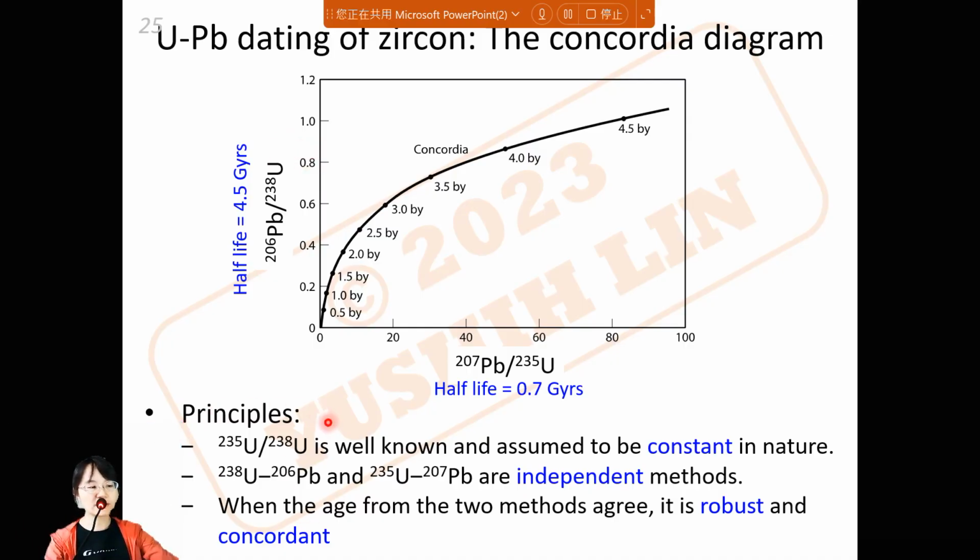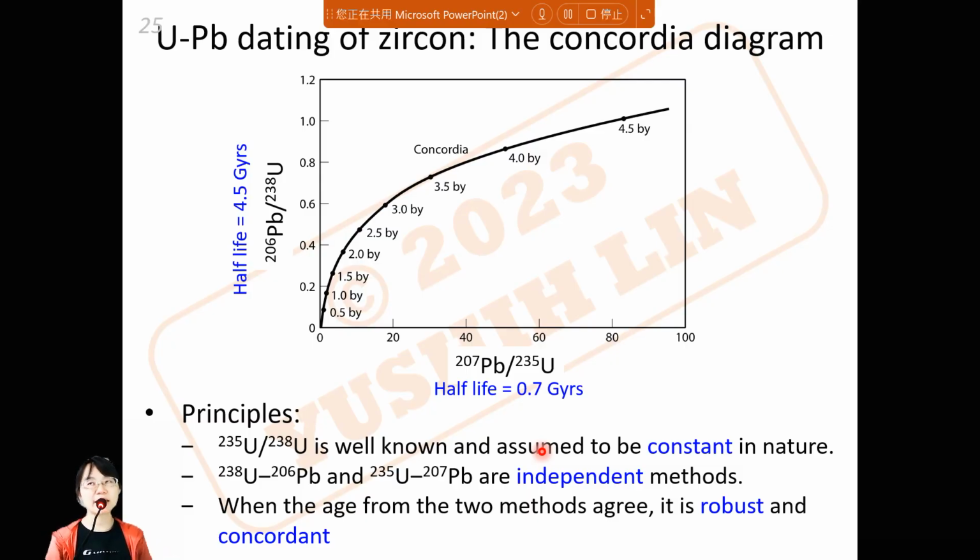The principle here is this ratio, uranium-235 to uranium-238, is well known for Earth material, and this ratio is assumed to be constant in nature. This isotope pair, the y-axis, has a half-life of 4.5 billion years, and this isotope pair at the x-axis has a shorter half-life of 0.7 billion years.